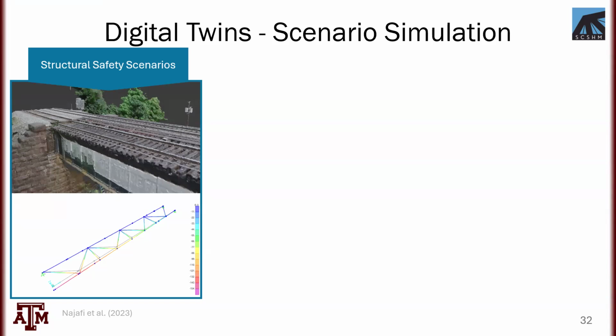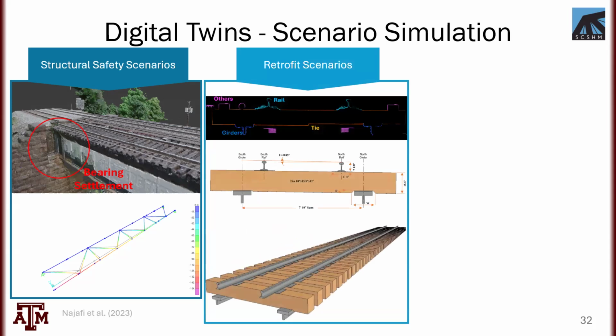One of the types of scenario simulation that we've worked on in the past has been this idea of structural safety scenarios. We model things like bearing settlement, crack propagation to assess how loads might redistribute, and for potential failure mode analysis. We can also perform retrofit scenarios.